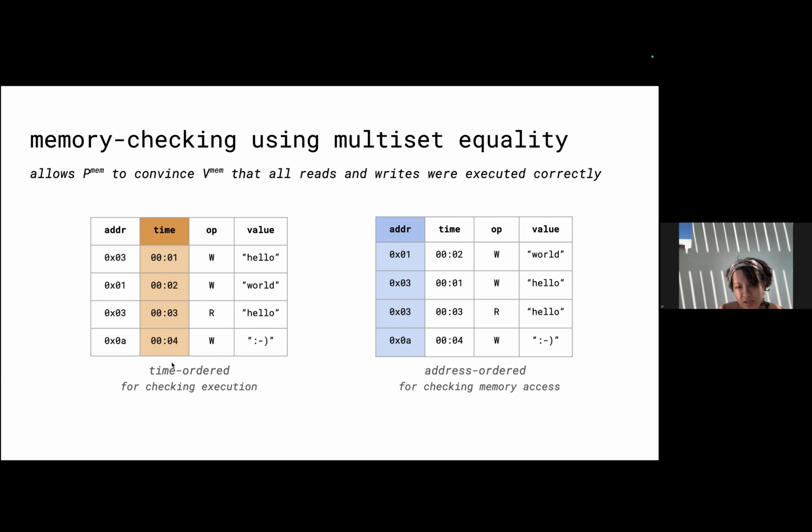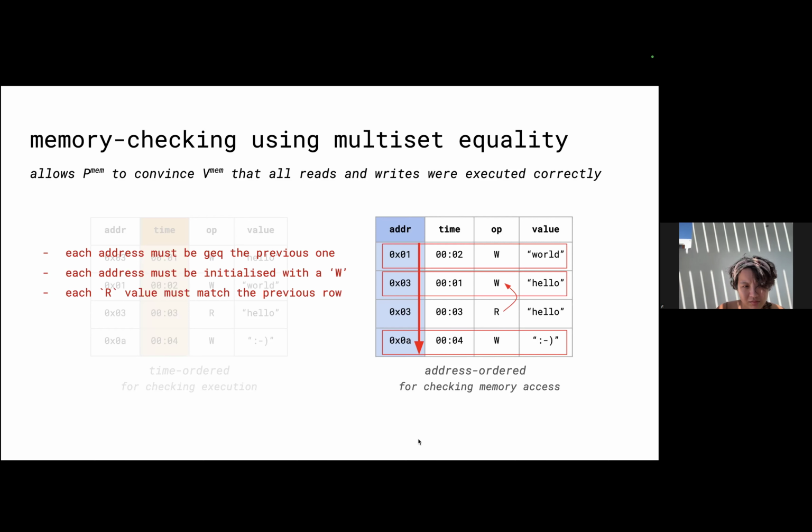Whereas in the address ordered version, you can check that each read and write was a legal memory access, and that across the time steps, you didn't update the memory illegally. So these are some examples of what's a legal way to update memory.